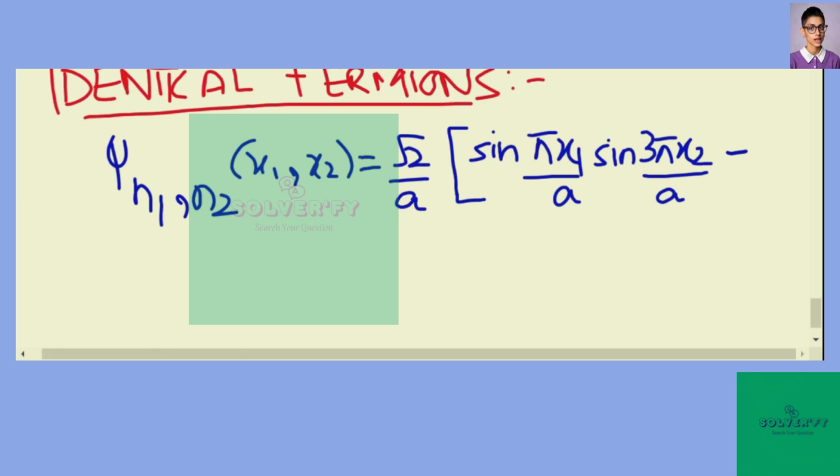Again, I'm running out of space over here, so that will be sine 3 pi x1 divided by a and sine pi x2 divided by a, right?